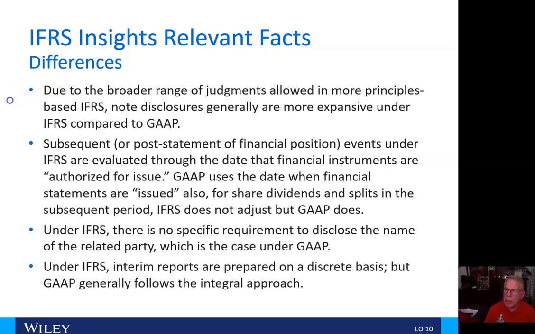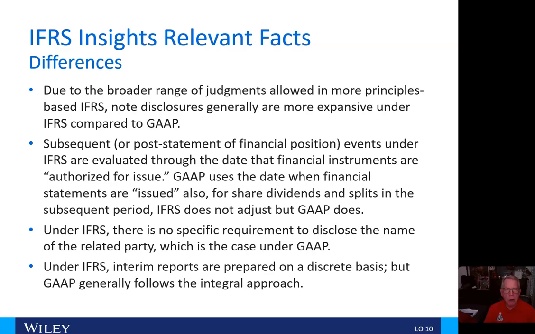Differences include, one here, due to the broader range of judgments allowed in more principles-based IFRS, note disclosures generally are more expansive under IFRS compared to GAAP. Number two, subsequent or post-statement of financial position events under IFRS are evaluated through the date that the financial statements are authorized for issue, quote unquote. GAAP uses the date when financial statements are issued.